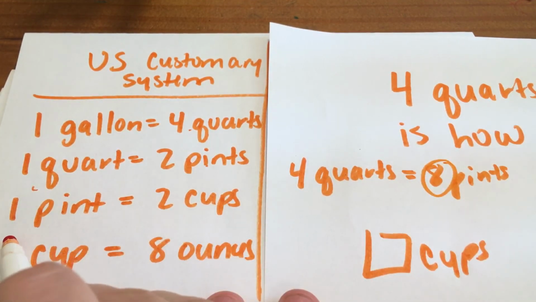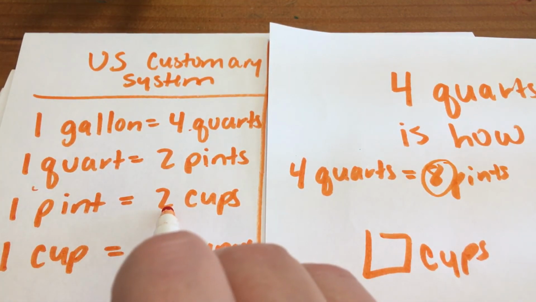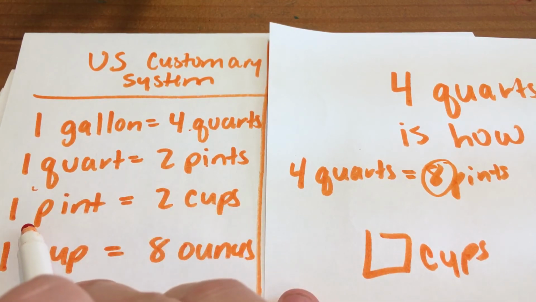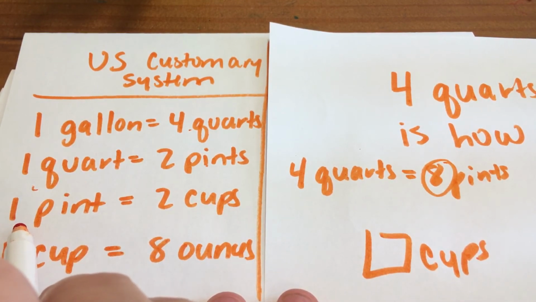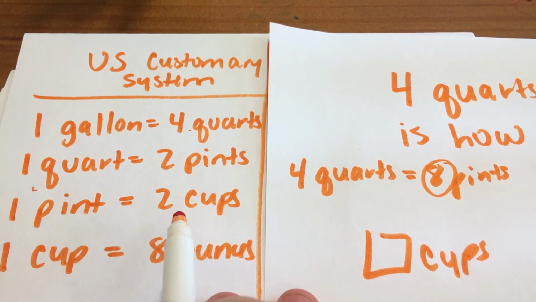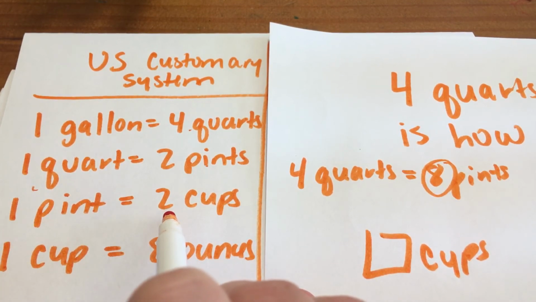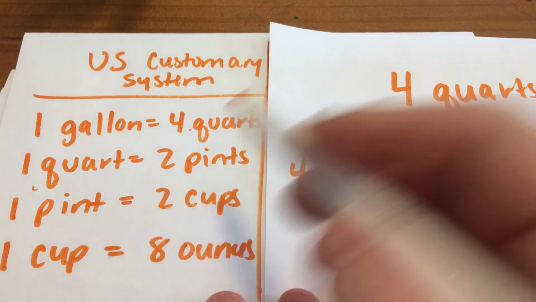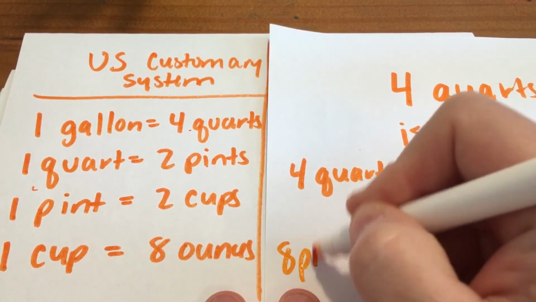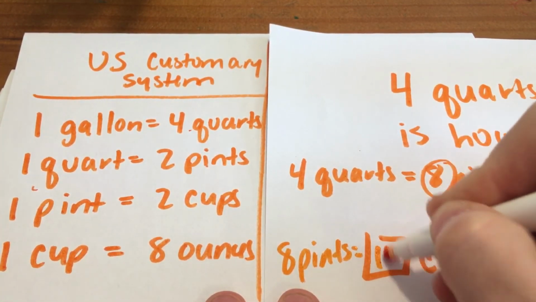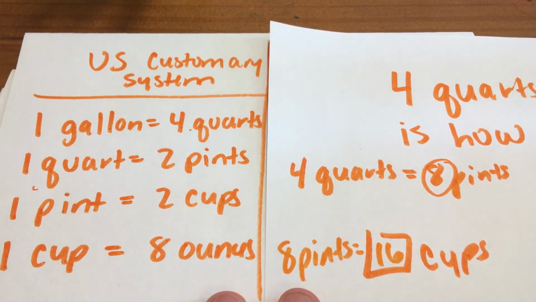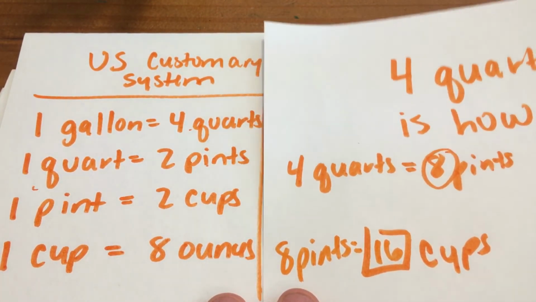If in 1 pint there are 2 cups, how many cups will be in 8 pints? 2, 4, 6, 8, 10, 12, 14, 16. So 8 pints equals 16 cups. So did you see how I did that? Or I could do this.